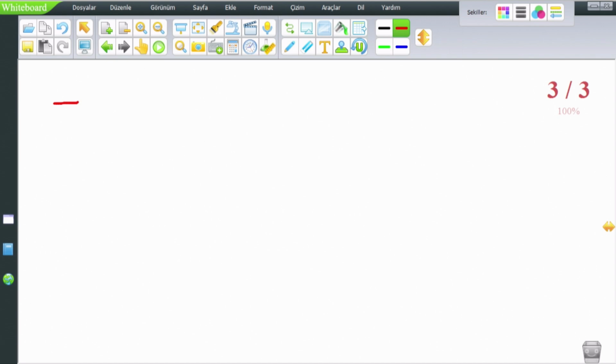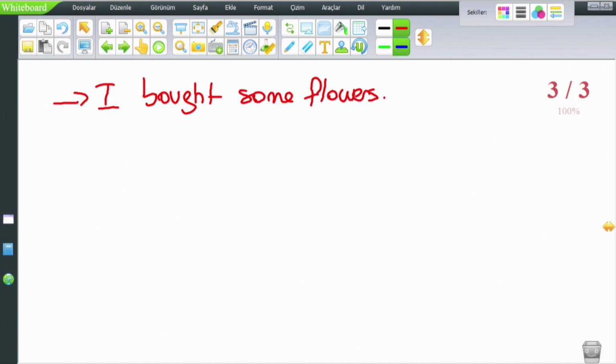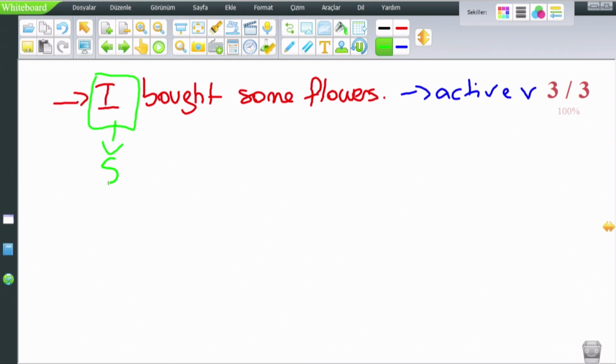Okay, for example, I bought some flowers. This is a classic active voice sentence. Let's have a look at the figure of speech of these sentences. This is the subject who actually does this action, which is buying some flowers.